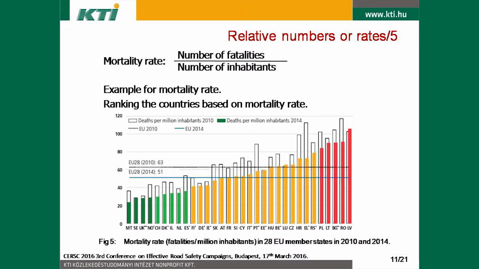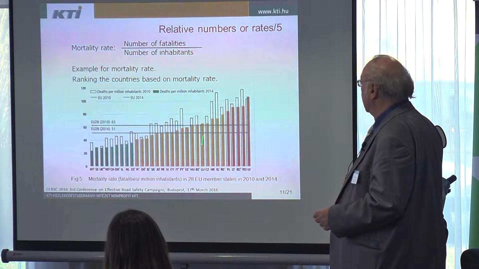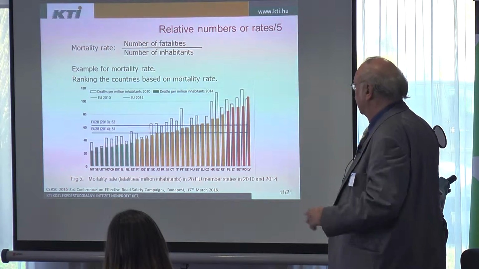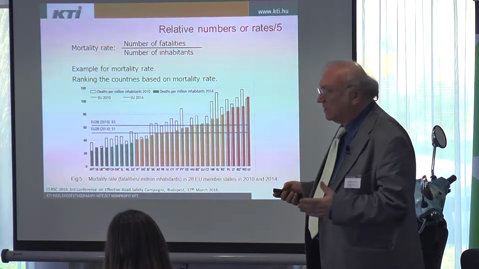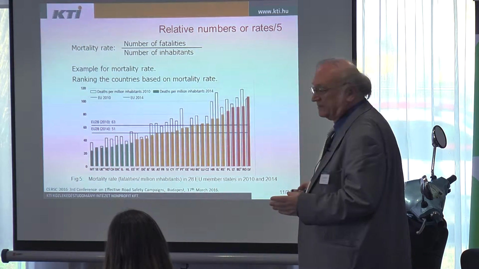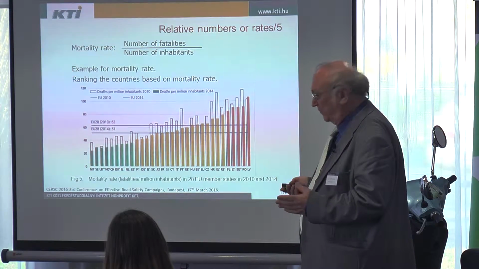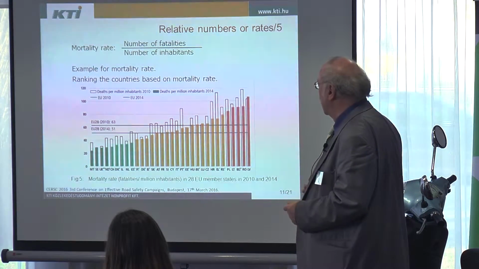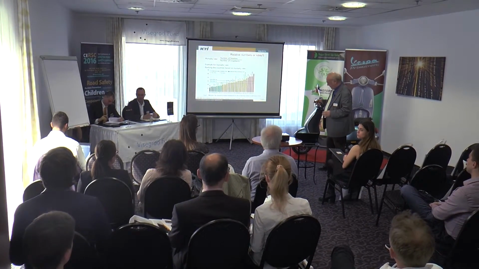And you can see the average. And in this ranking, Hungary has a quite reasonable place, but we have to know that this rate is a little bit misleading, because it doesn't take into account the levels of motorization of the countries, and I would say it's a serious methodological problem.